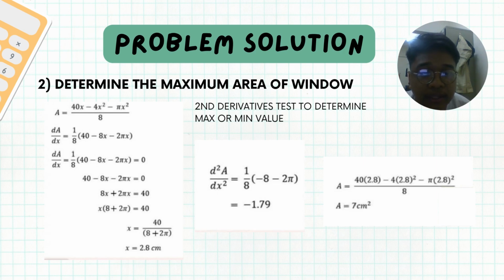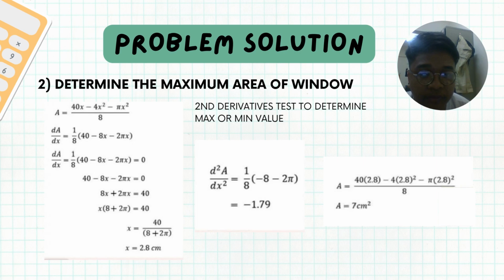The question asks to determine the maximum area. So we use the second derivative test to determine whether it is a maximum or minimum value. We differentiate 1 over 8 times 40 minus 8x minus 2 pi x for the second time. So we get 1 over 8 times negative 8 minus 2 pi, which is minus 1.7879.